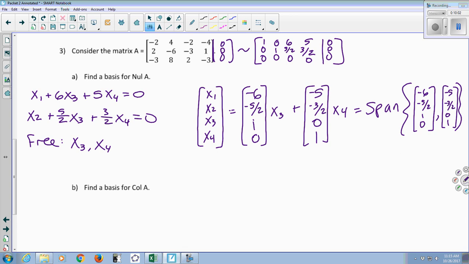Put a weight on each of them and add them together, which is exactly what's written here. x3 and x4 are your weights. You add them together. So this is what we did last class. It turns out that this spanning set is also linearly independent, always, when you do this process. So this is also how you find a basis for the null space of A. So it's just these two vectors.